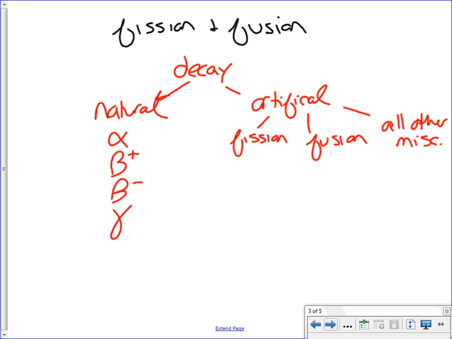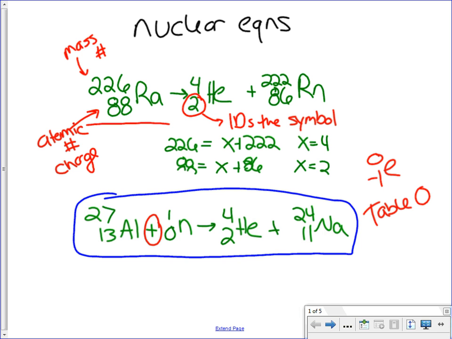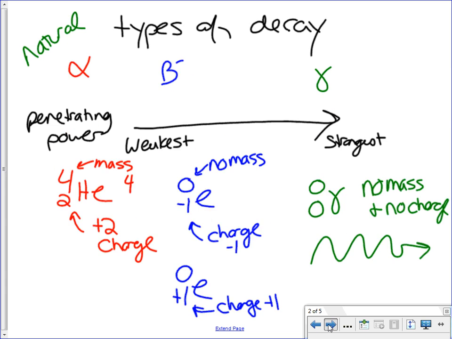Okay, so the equation I gave you 2 slides ago, this right here, this is miscellaneous. This is all other forms of artificial transmutation. It's not clearly fission, it's not clearly fusion.